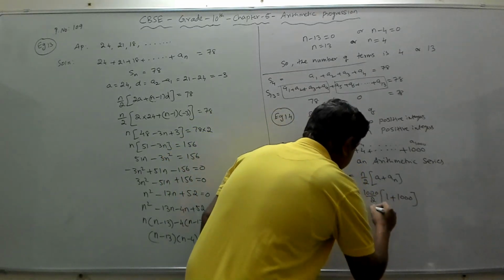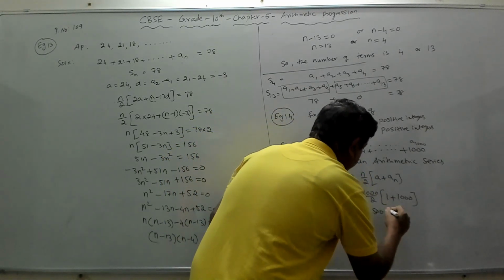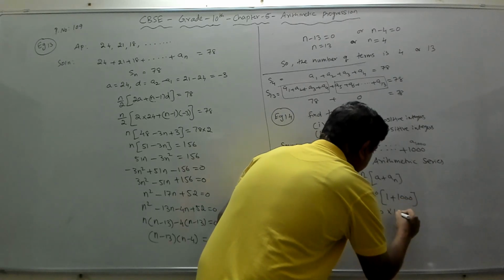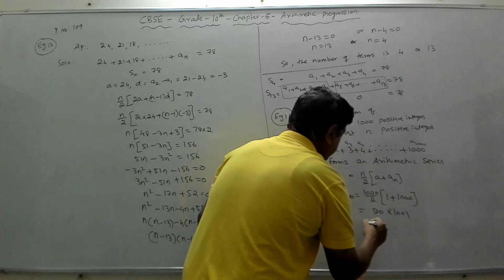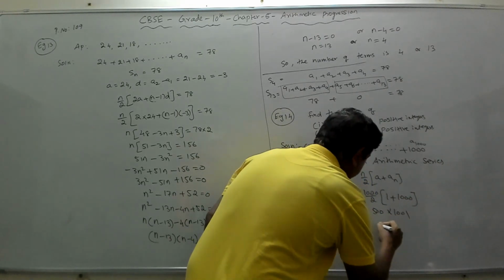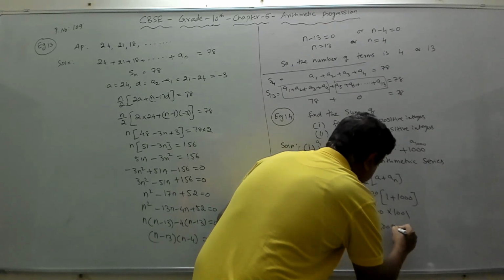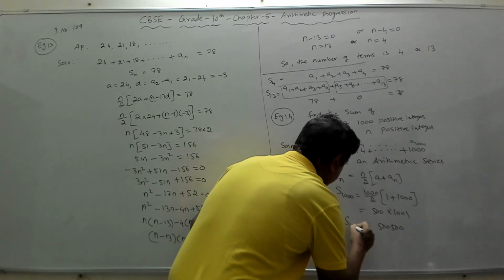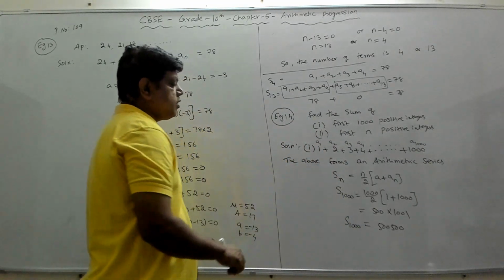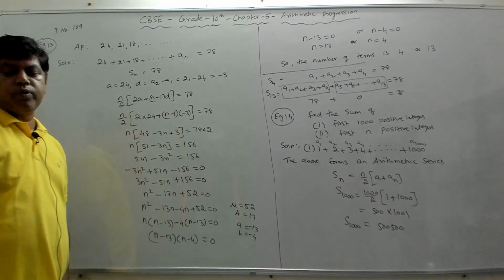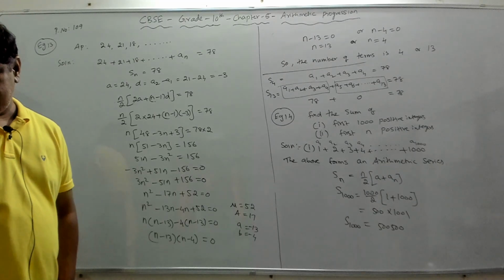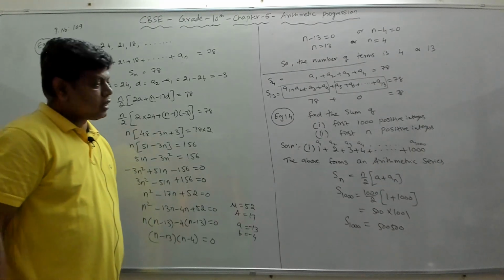Now 1000 by 2 is 500 into 1001. Now what is 500 into 1001? You will get 500,500. That is your S1000. The sum of first 1000 positive integers is 500,500.